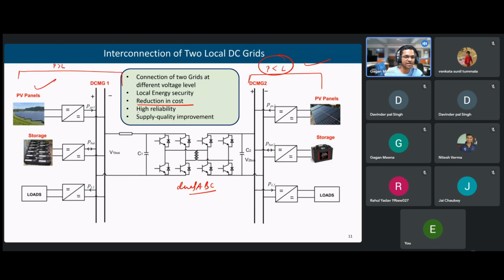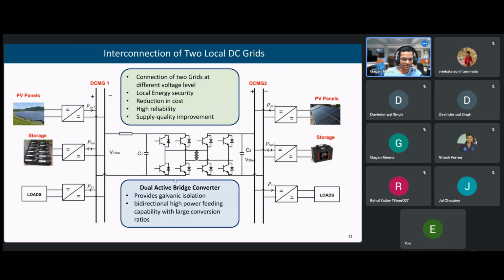So there is high reliability, supply quality improvement, local energy security. So locally also we are able to supply the load. And connection of grids at two different voltage levels, that is also possible because of this dual active bridge.